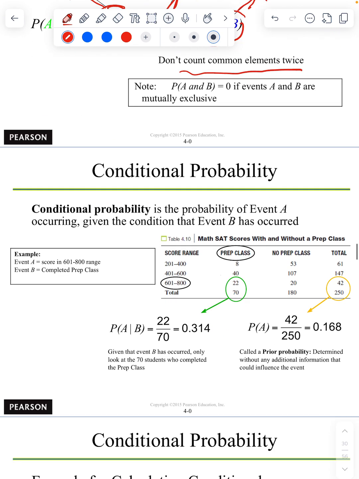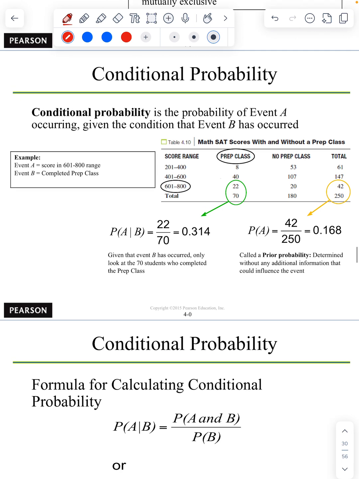That's very important. So with conditional probability, it's the probability of event A occurring given the condition that event B has occurred. Here we're looking at event A having a score in the 601 through 800 range. We're looking at math SAT scores with or without a prep class.